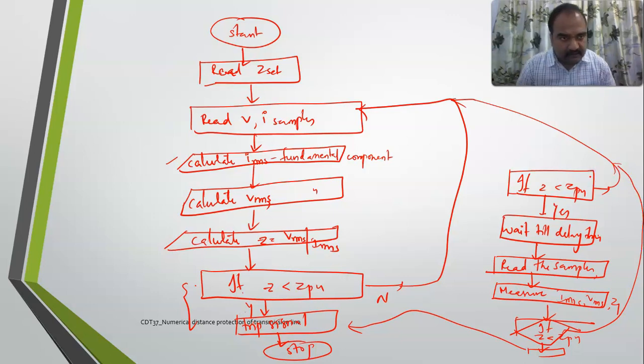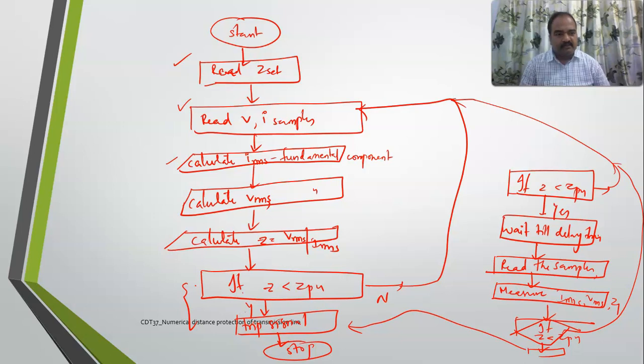Understood? In this way we will be trying to implement the numerical relay. Right? So now you are supposed to write a program. You are supposed to take input from the user, the Z set value. This will be fixed most of the times. The next thing is you need to take the samples, the number of samples which you will be getting, because nowadays PMUs are there.